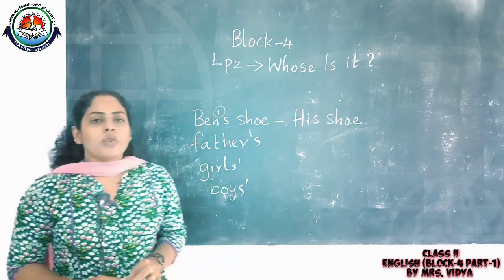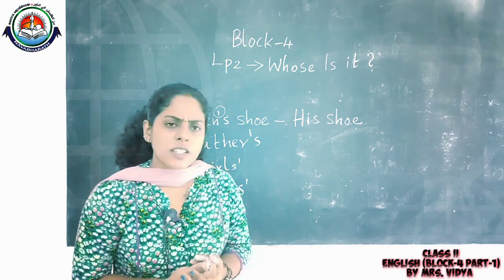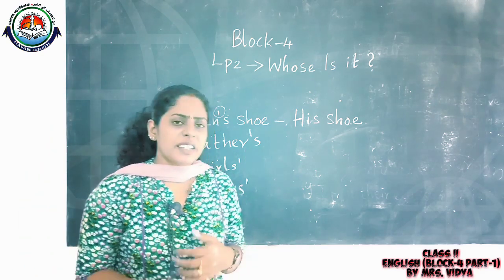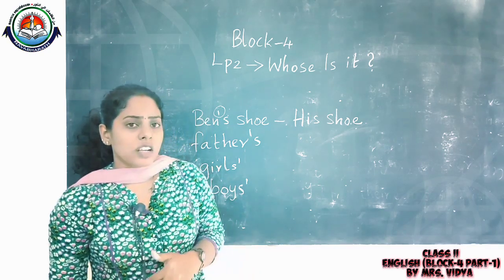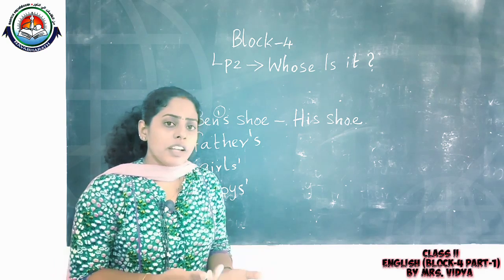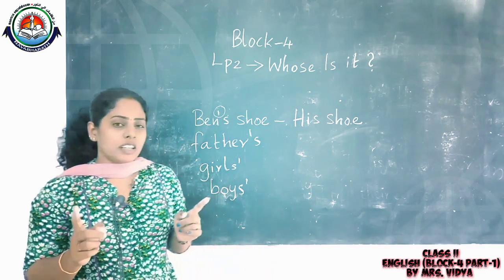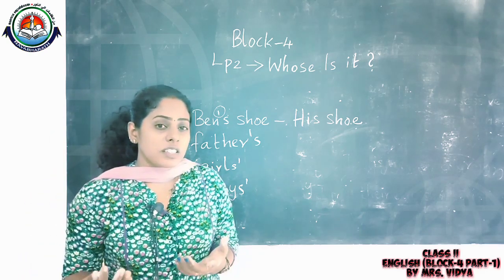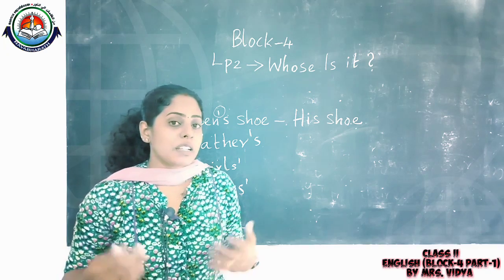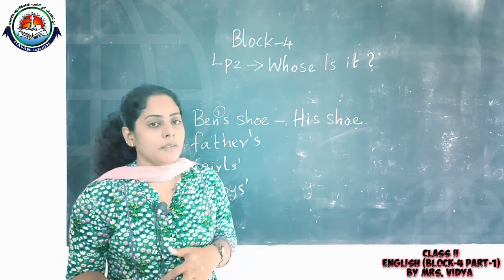Okay. So why do we need these words, possessive pronouns? Instead of saying it's Ben's cap, it is Ben's shoe, it is Ben's house, it is Ben's umbrella, it is Ben's car, it is boring, isn't it? It is boring to say Ben's every time. So instead of that name, we will use his.